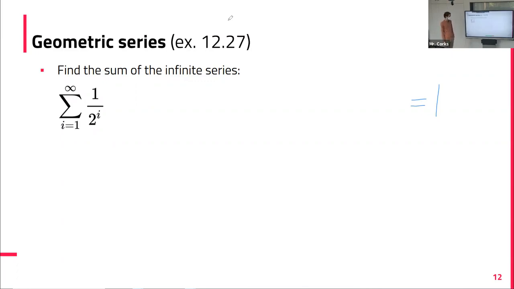Okay, so let's just write out what some of these terms would be. What is the first term? 1 over 2. Next term? 1 over 4. 1 over 8. So we see the pattern here.